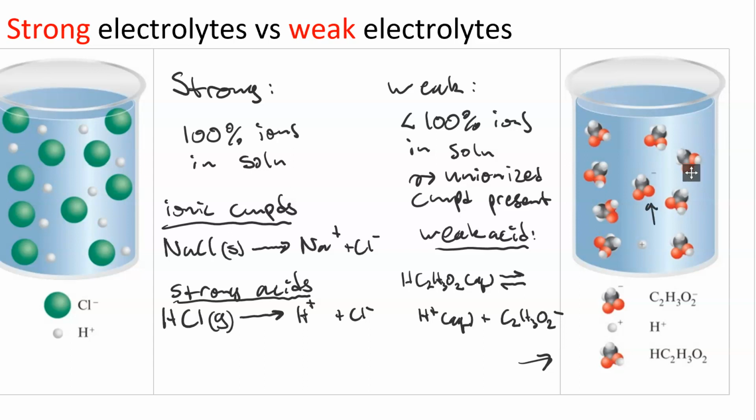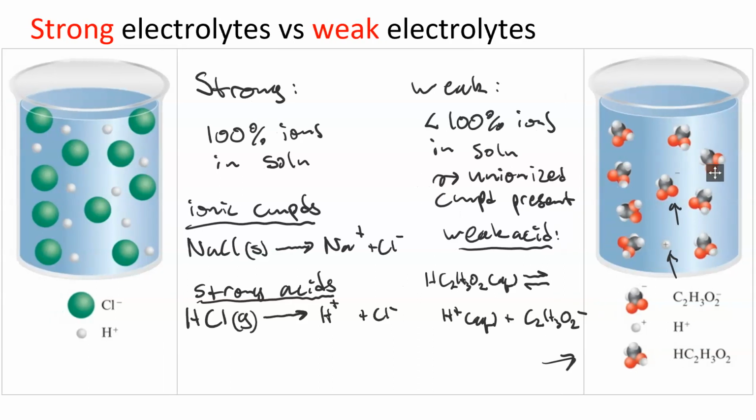There's an acetate ion, and there's an H+ ion. And for most weak acids, the percent ionization is much less than 100. So here we have many more unionized acid molecules than ions. That's what makes it a weak electrolyte. The concentration of ions in solution is too low to effectively conduct electricity.